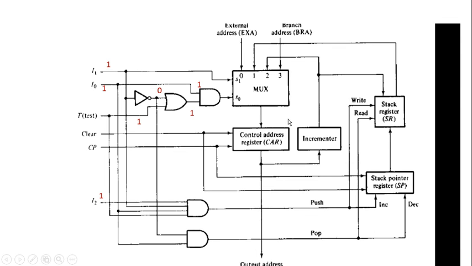So this is the case of subroutine calling. If all the values are 1, it is going to perform a subroutine call, so it branches to a location which is specified in the address field of the current microinstruction.